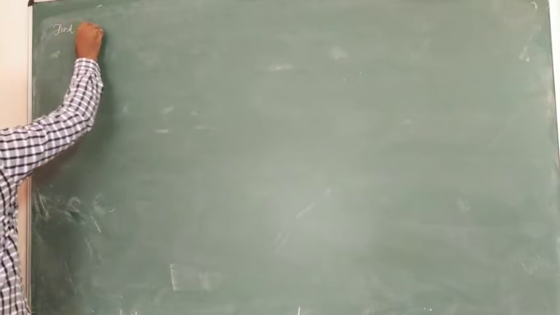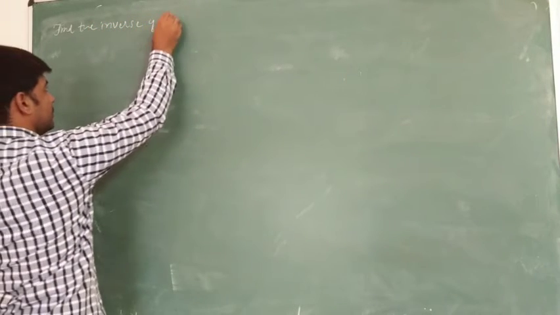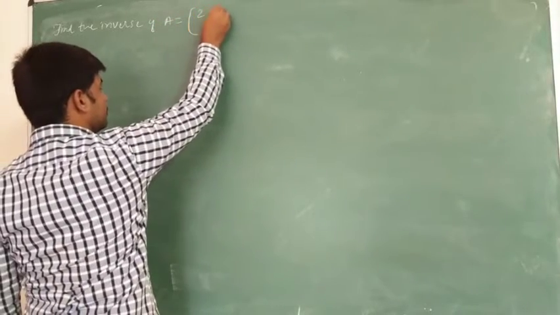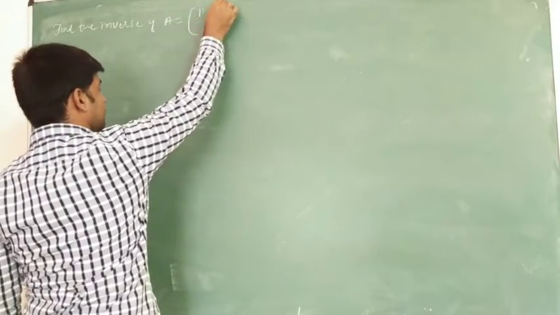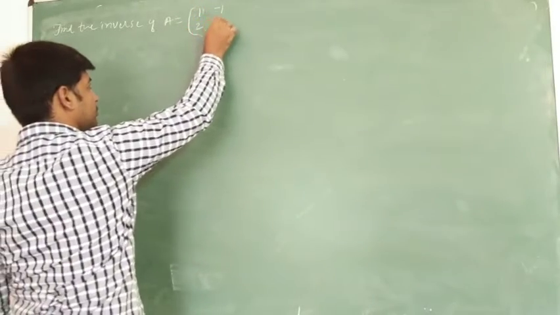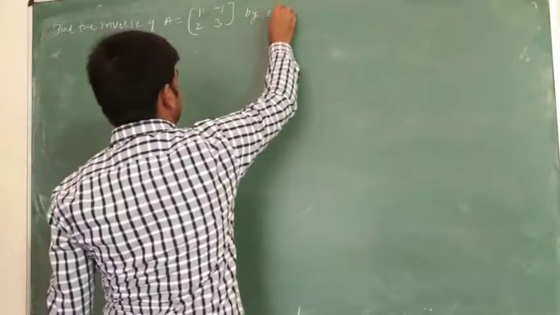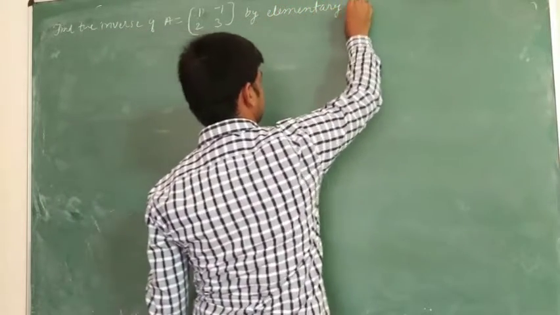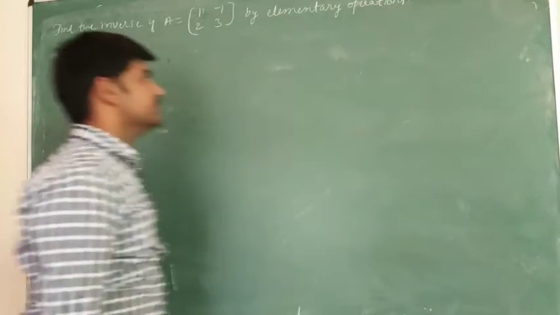Find the inverse of A is equal to [1 -1; 2 3] by elementary operations or transformations. This is our question, students.